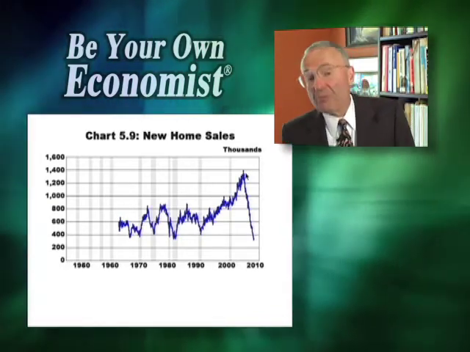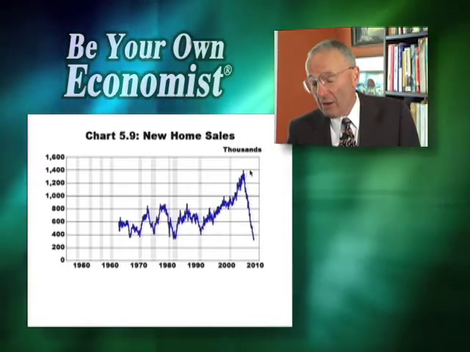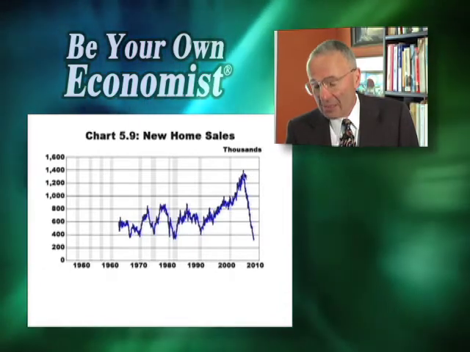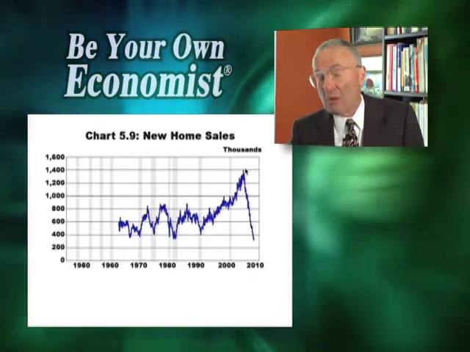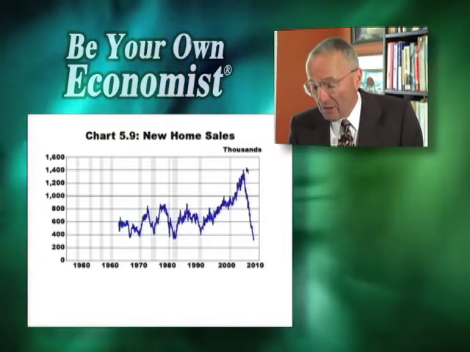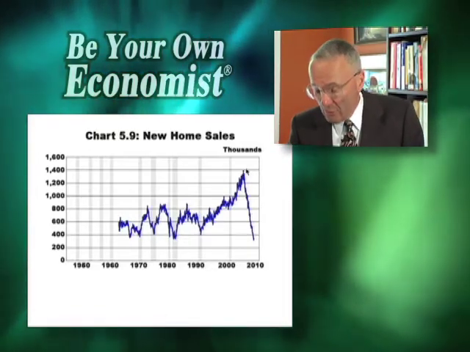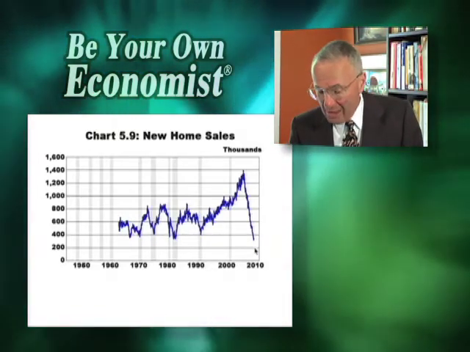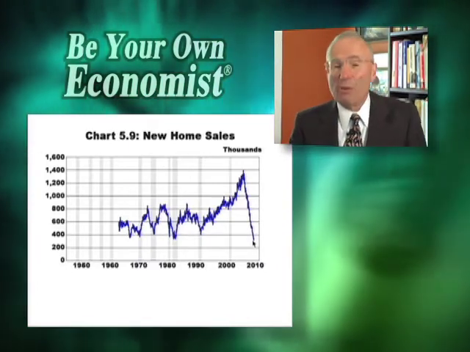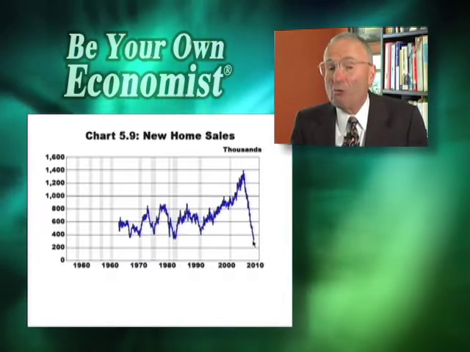And sure enough, if you take a look at the chart, you'll see that as home prices fell, the level of home sales fell from about 1,400,000 all the way down to just about 300,000. A real catastrophe, and that's the sign of the crisis.